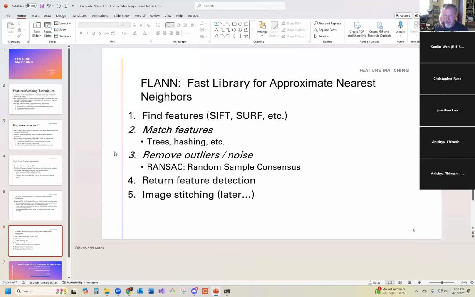The next step after that, again outside of FLANN itself, is to come back around with another algorithm or different methods for image stitching, which is essentially putting what you found back into the image.